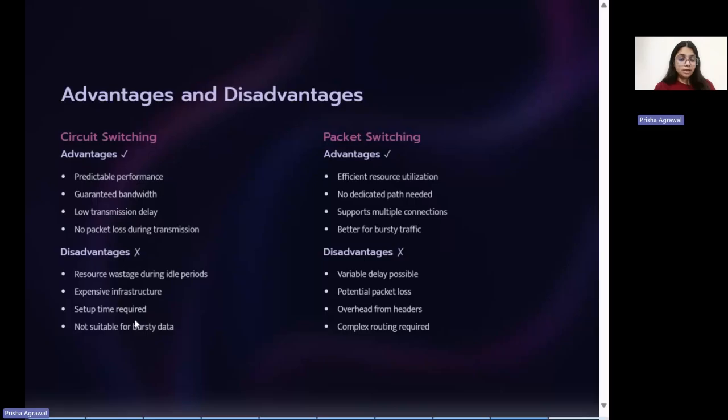Maintaining a dedicated communication path requires significant network resources. Circuit switching also requires some setup time before communication begins. Additionally, circuit switching is not suitable for bursty data traffic, where data is transmitted intermittently rather than continuously.